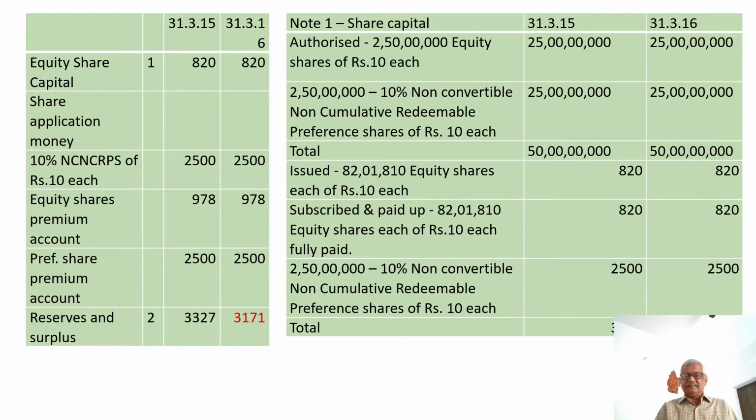In the subscribed and paid up, there is an equity capital of 820 lakhs, followed by non-cumulative, non-redeemable preference shares of rupees 10 each, which is 2,500 lakhs, making the total subscribed and paid up capital 33 crore 20 lakhs.